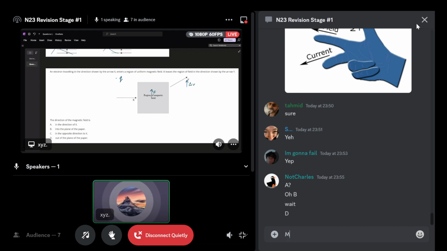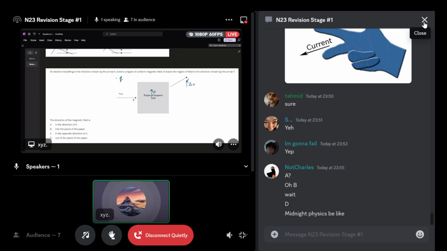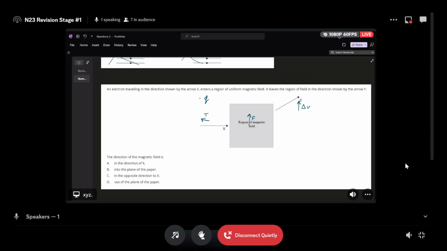So now we use our hands and we point our I finger, or our QV finger, in the direction opposite to electron flow because we have a negative charge. And then we point our thumb in the direction of the force we want, which is upwards.